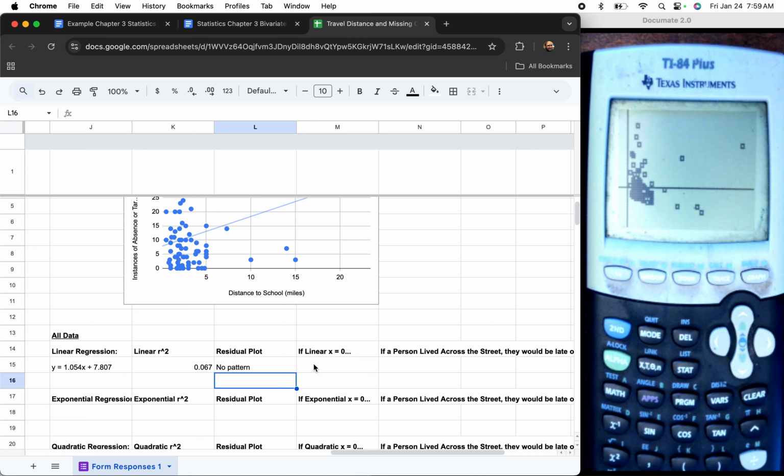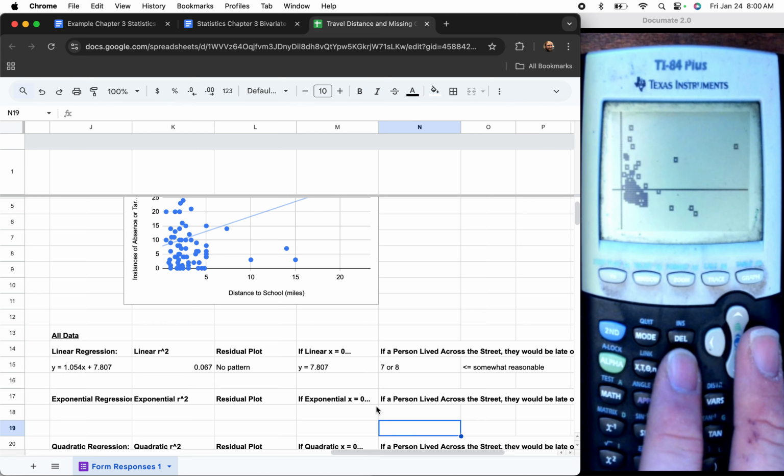So if x equals 0, then y is 7.807, which means for me, a person would be late 7 or 8 times in a semester, which sounds somewhat reasonable. Maybe it's our best model, maybe not. We need to check against other things as well.